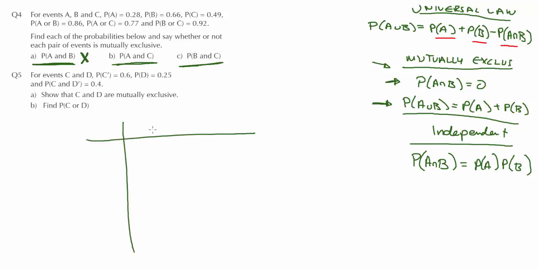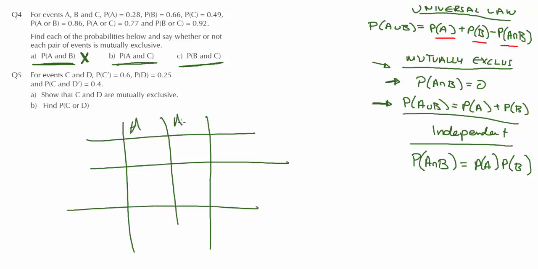Let's look at A and C, and we're going to do something very similar. Probability of A is 0.28, 0.72. I want to do C this time.